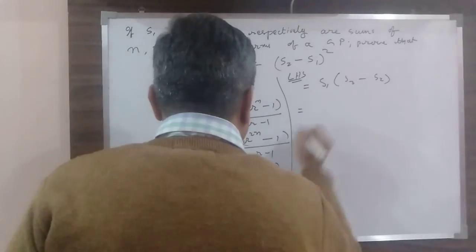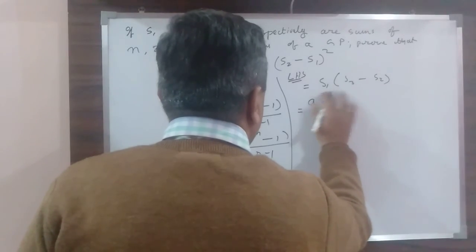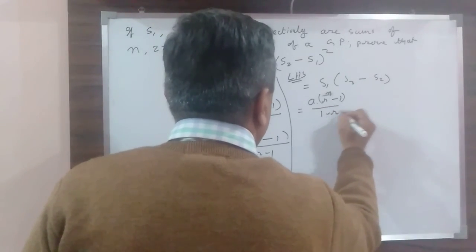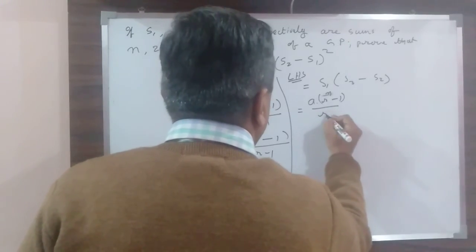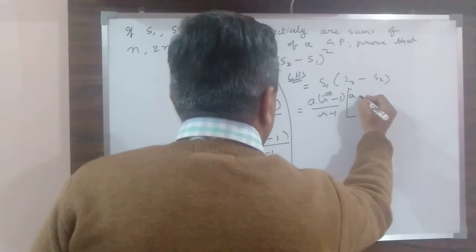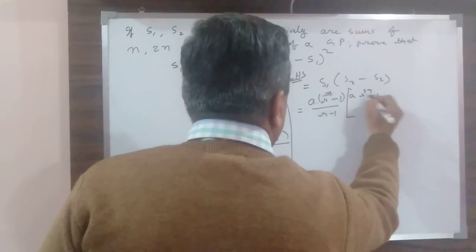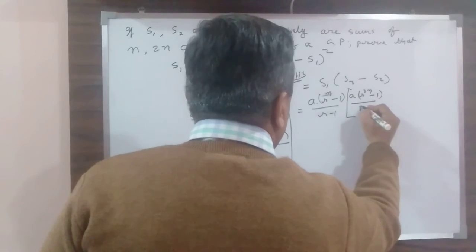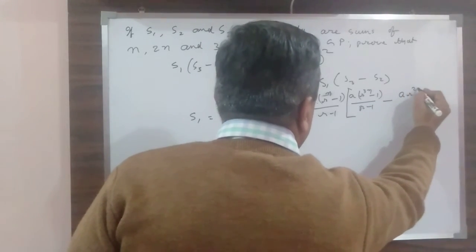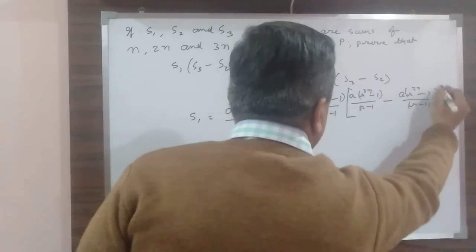What is S1? S1 is A multiplied by r raised to the power n minus 1 divided by r minus 1, multiplied by A r raised to the power 3n minus 1 divided by r minus 1, minus A r raised to the power 2n minus 1 divided by r minus 1.